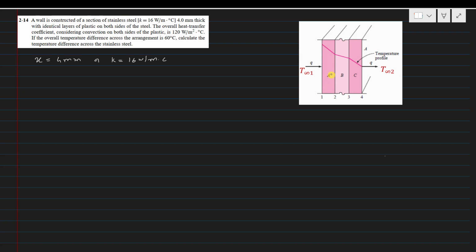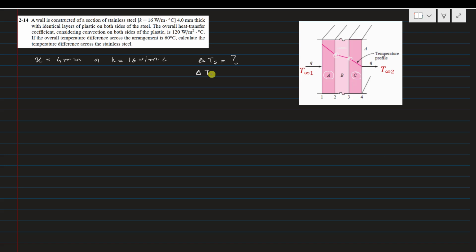Here is plastic A on one side, this is plastic C on the other side, and this is steel. We need to find the temperature difference across the steel section. So that is our requirement. Ts we need to calculate, and the overall temperature difference between T infinity 1 and T infinity 2 is provided.